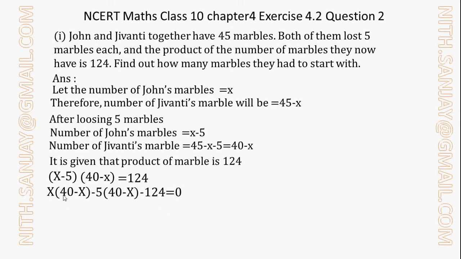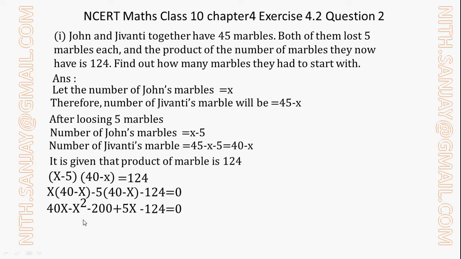When I multiply x with 40, I get 40x, and when I multiply x with minus x, I get minus x square. When I multiply minus 5 with 40, I get minus 200, and when I multiply minus 5 with minus x, I get plus 5x, minus 124 is equal to 0.